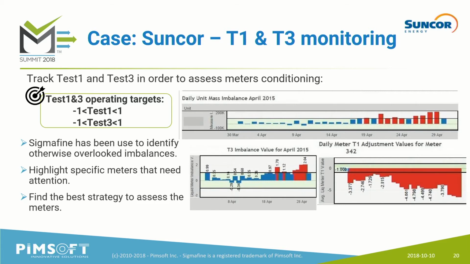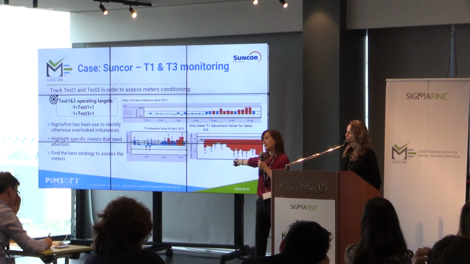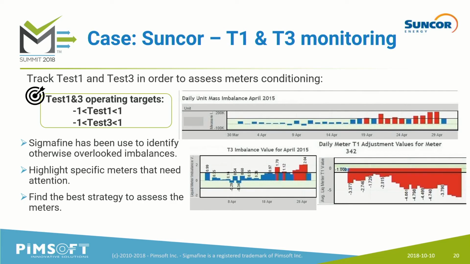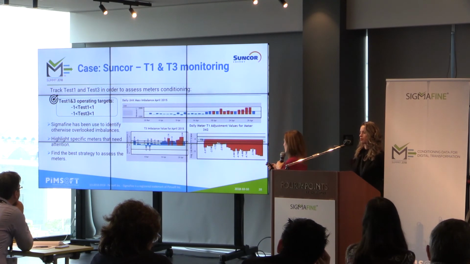They keep track also of the T3 value, similar to keeping track of the imbalance of the unit. And they keep track also of the T1 indicator, test 1 indicator, for some specific meters. Here you see, for example, a meter that has some troubles, so they have red values. In this case, they had to take some action to improve the value of this meter.